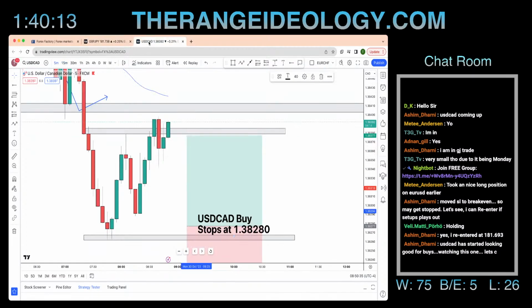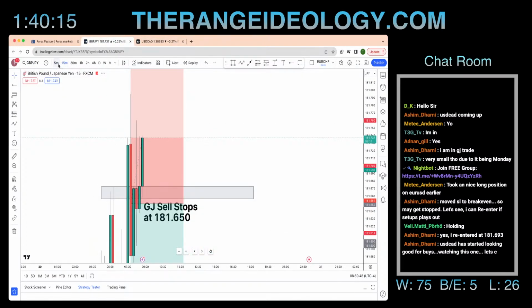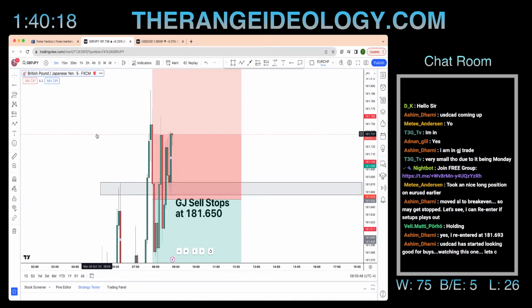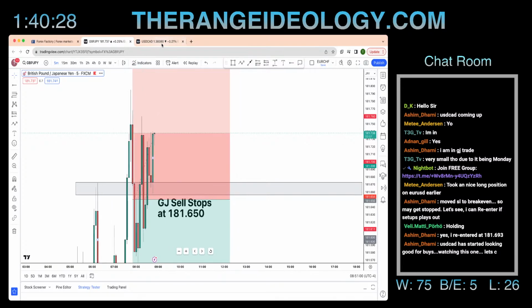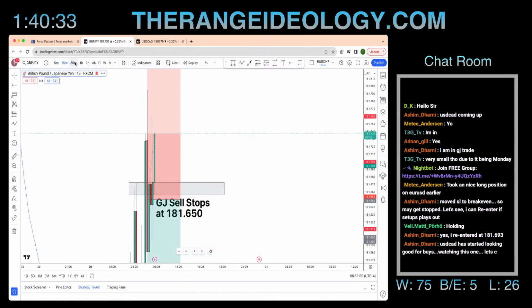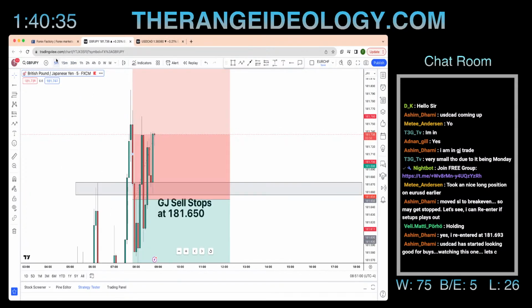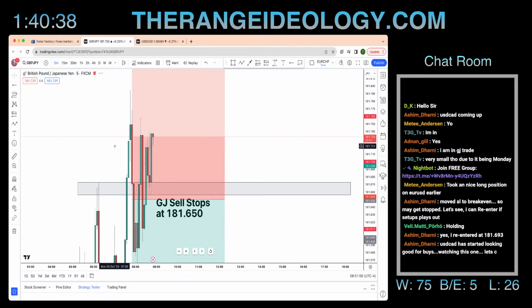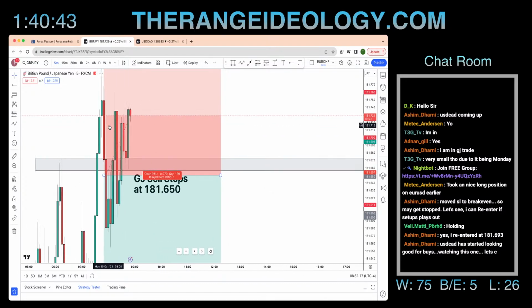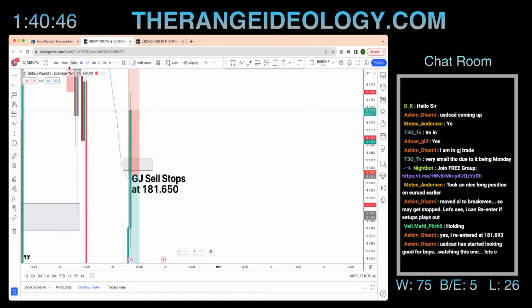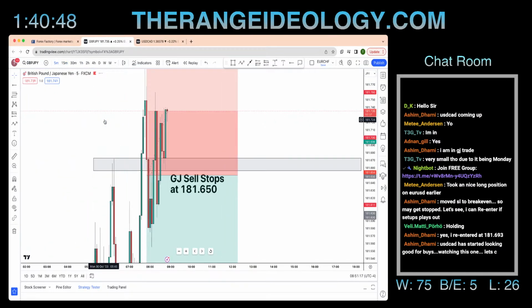Okay. Okay, guys, I'm going to stick around for the hour. For GJ now, if it does come back down, I'm looking at potentially closing out slightly in profit.